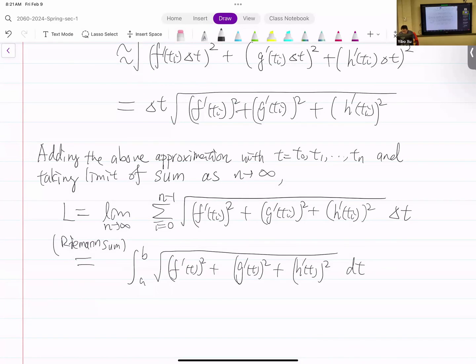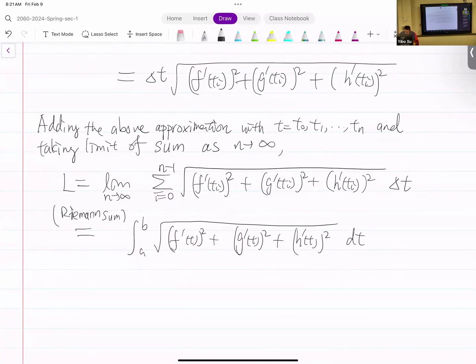So you see all the t_i are sample points of the inputs at every subinterval, and then delta t just represents the tiny little length of the time interval, which is now dt. Okay, so t_i will be replaced by t, and delta t will be replaced by dt.